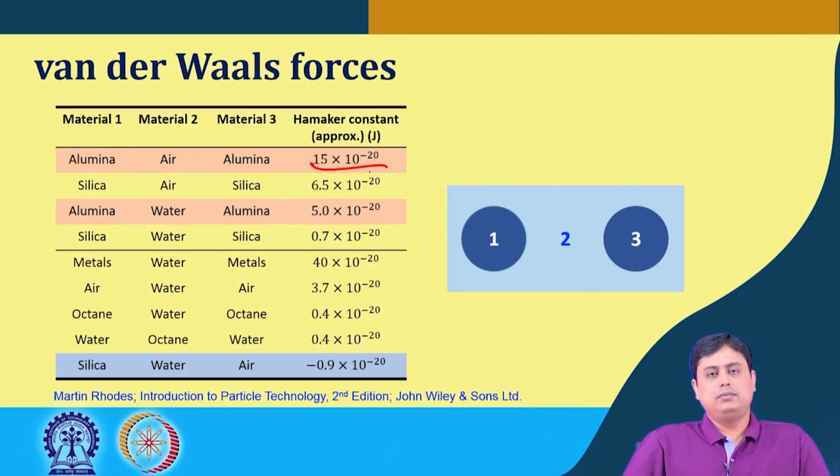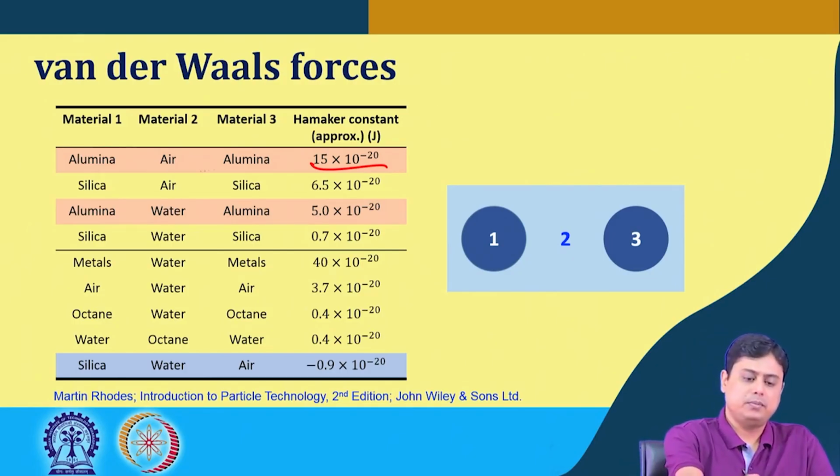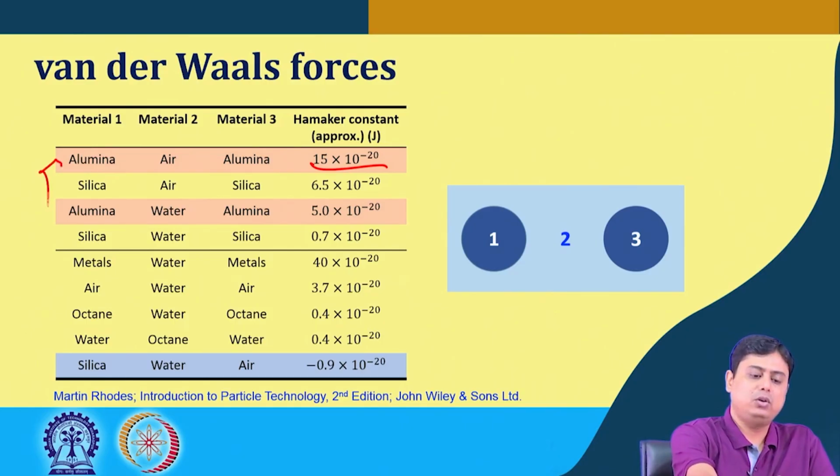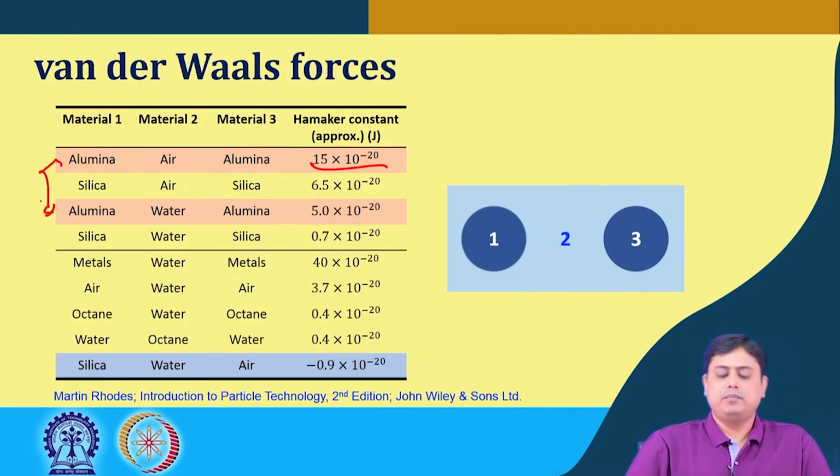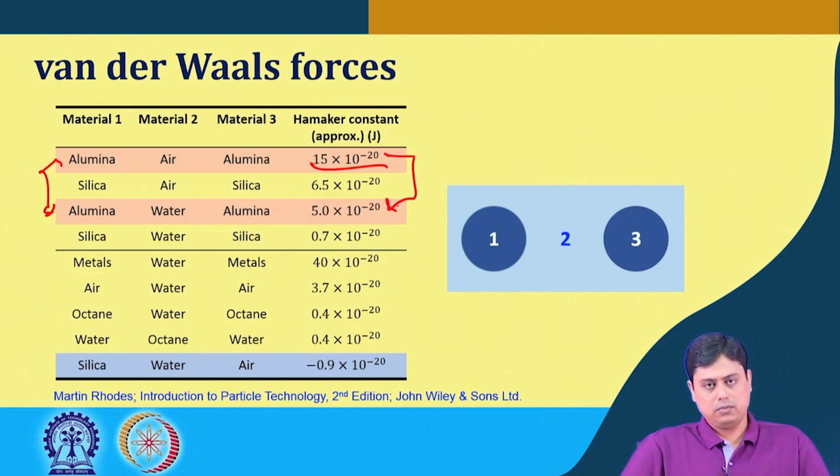In case of silica, this value is lower, which is 6.5 into 10 to the power minus 20. The interesting point is that when we change the intervening medium, say for alumina from air to water, this Hamaker constant value goes down. It is positive, the attraction is there, but it is a lower attractive force in practice.